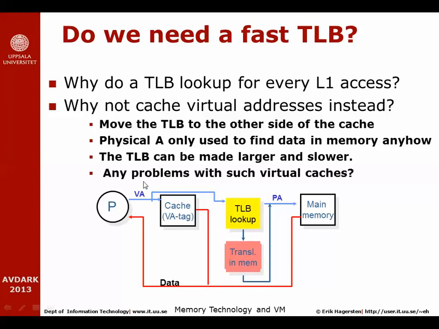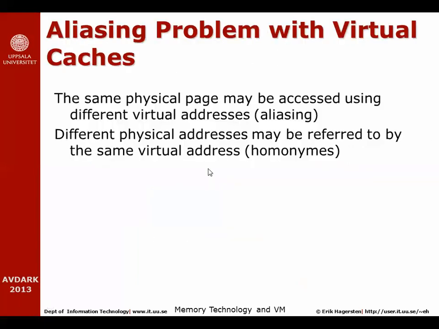However, are there any problems with such virtual caches? Would this system even work? There are a couple of problems, and we refer to them as the aliasing problem and the homonym problem. The way you use the virtual address space allows the same physical page to be accessed using many different virtual addresses.